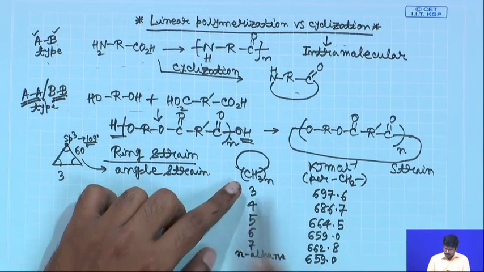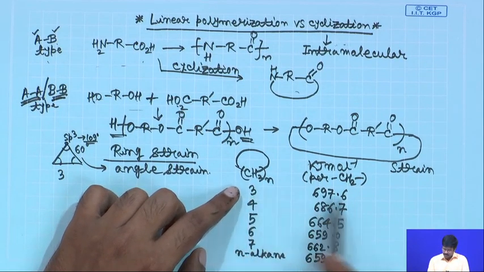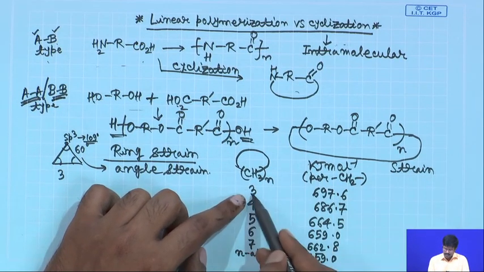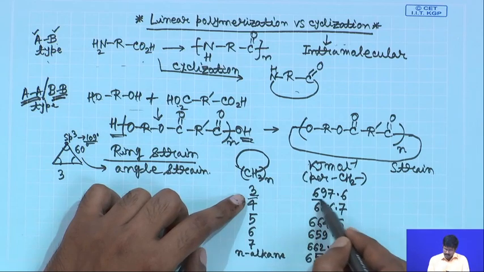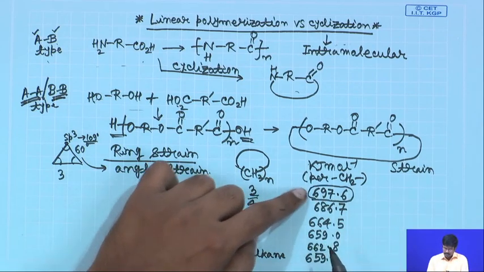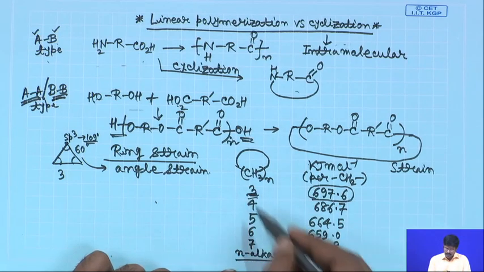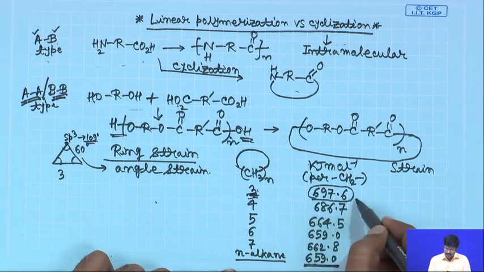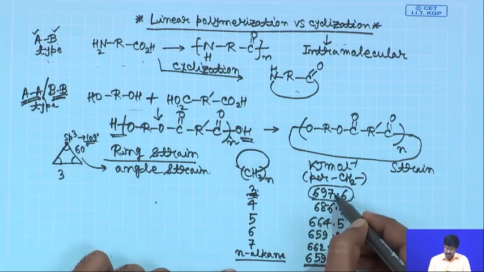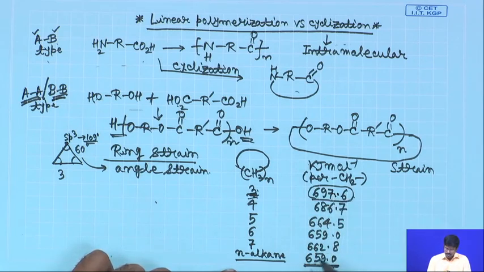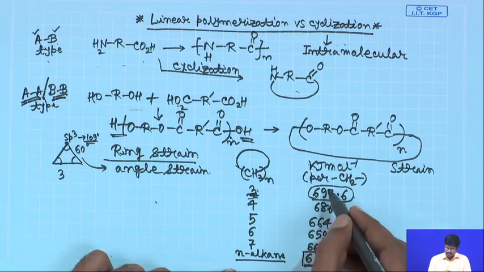So, how do you find out the strain per CH2 unit in a 3-membered ring? This is the heat of combustion. Now, n-alkane is the reference. So, this is unstable, I mean this has strain by this much of higher energy. So, you subtract this value from this value.